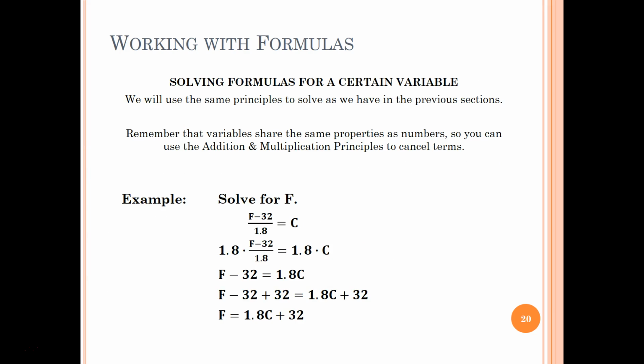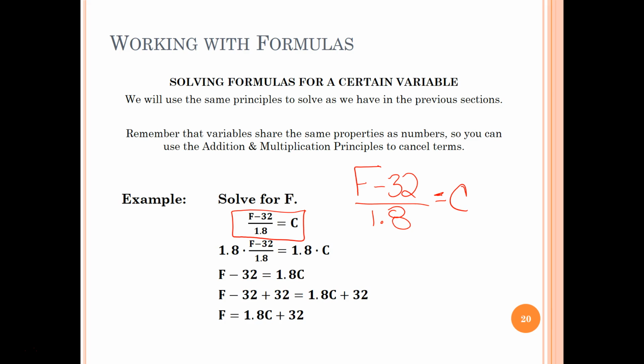Now we can go the other way. If we started with this formula and we wanted to rewrite this to solve for Fahrenheit in terms of Celsius, now notice what we can do here. Since you have F minus 32 divided by 1.8 equals C, we can't really do anything until we bring that 1.8 over to the other side of the equation.